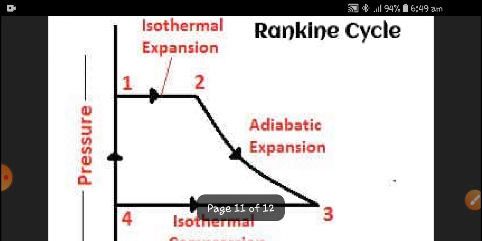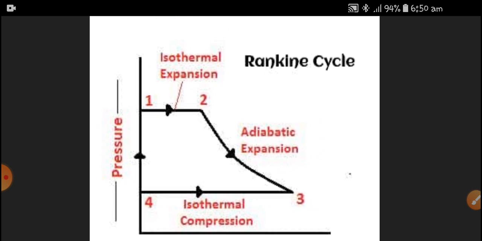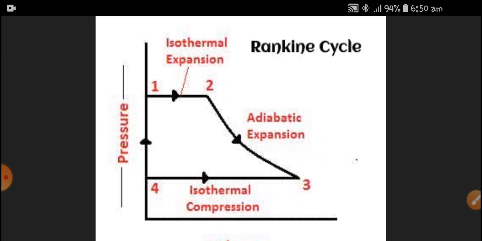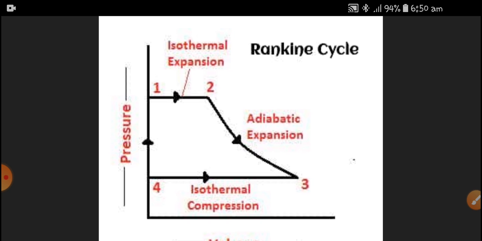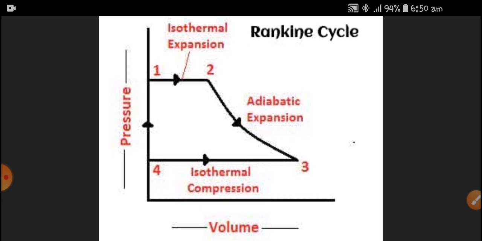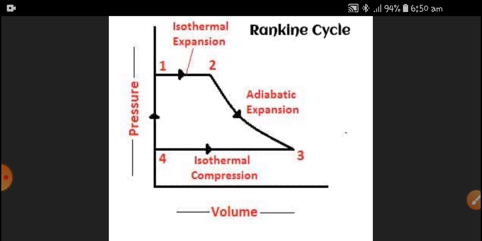Next is the Rankine cycle. It is also an actual cycle for a vapor power cycle. For vapor power cycles, the ideal cycle is the Ericsson cycle, whereas the actual cycle is the Rankine cycle. Most of the refrigeration and air conditioning processes are done by means of the Rankine cycle. So the vapor power cycle is also a very important cycle.